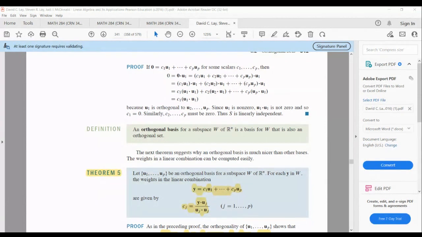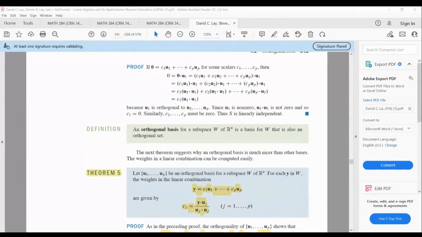Yeah, theorem 5. There's that theorem 5. And again, you notice that in theorem 5, the weights, the C's, are just equivalent to projection coefficients.